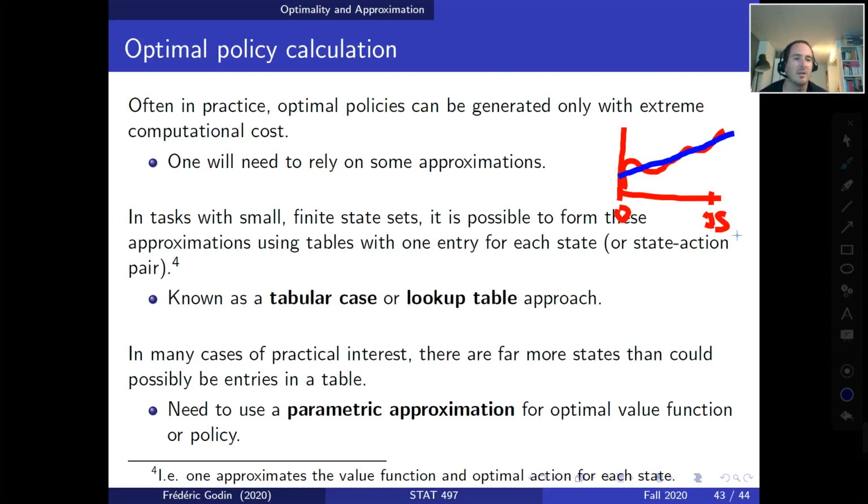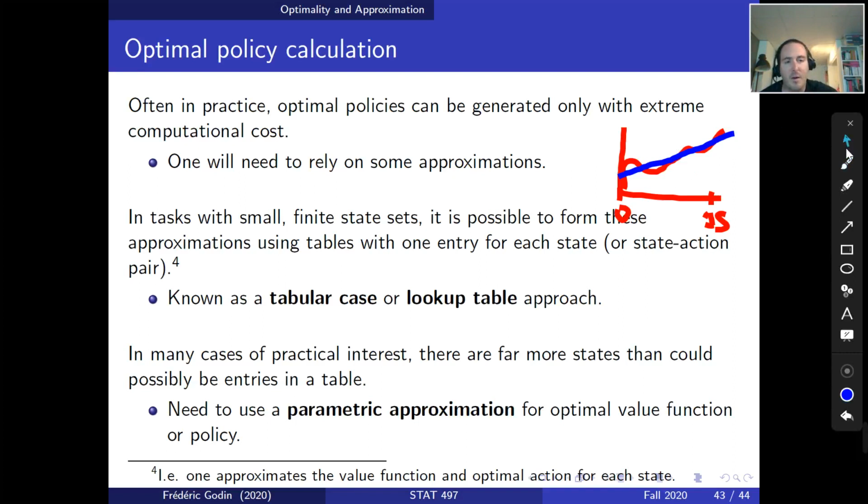In that case, instead of storing the value for all states, what we could do is store the approximated value of the origin and of the slope of this line. So instead of storing the value of each respective state, we store parameters associated with the approximated value function. This makes things much more tractable and convenient in practice.